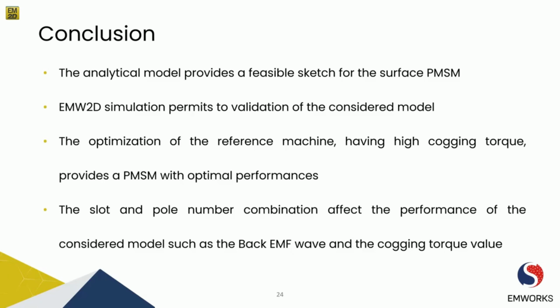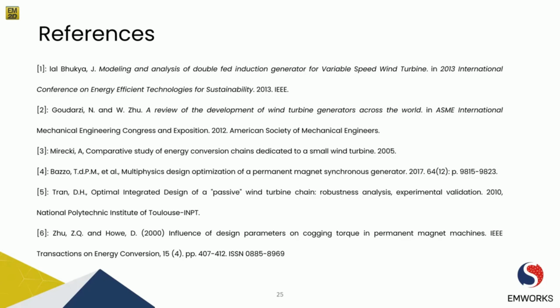For the optimization we used different numbers of poles, which in turn affected our winding configuration and led to such performance. And here are the references which we used for today's analysis.